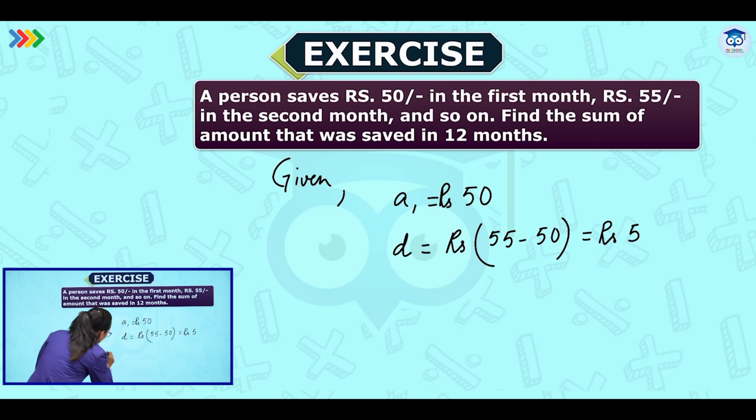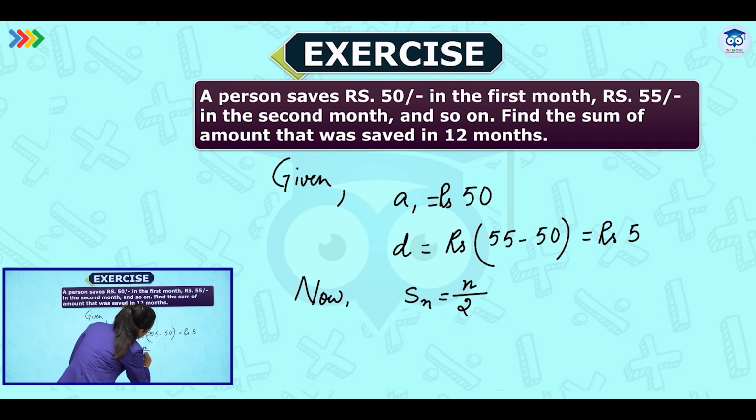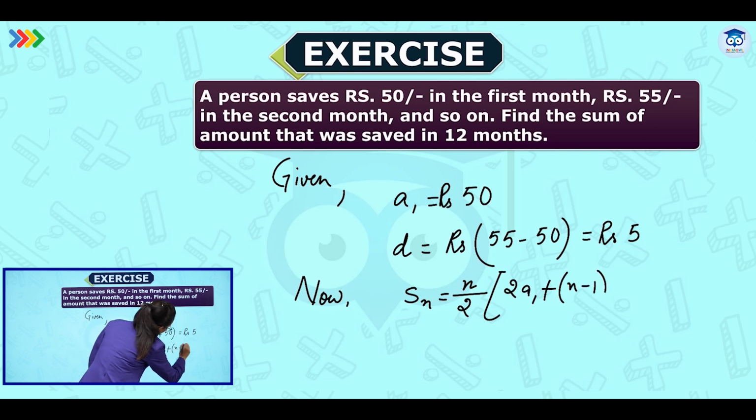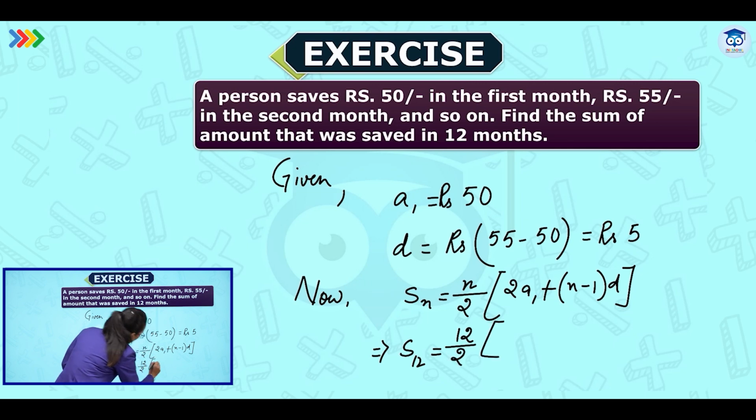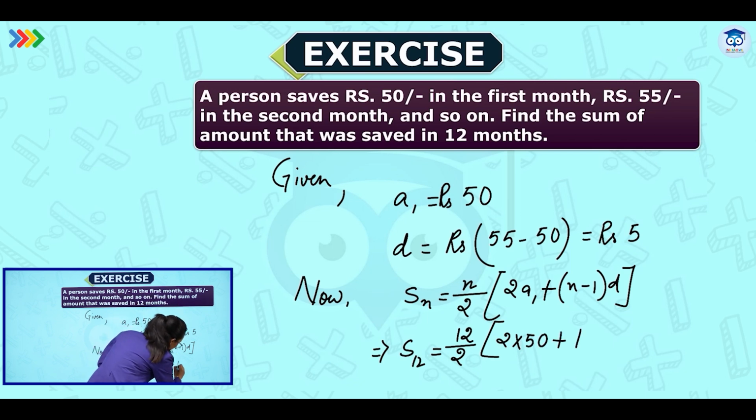Now Sn is equal to n upon 2 times 2a1 plus (n minus 1)d. So for the 12th month, S12 is equal to 12 upon 2, so we have 2 into 50, plus, if we substitute 12 here, we are left with 11 into 5.